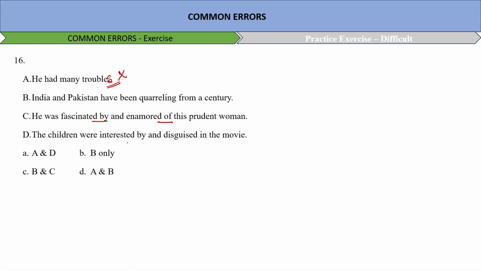The children were interested by and disgusted in the movie. The children were interested in and disgusted by the movie, which means A and D are inappropriate, B and C are appropriate. So the correct answer is C.